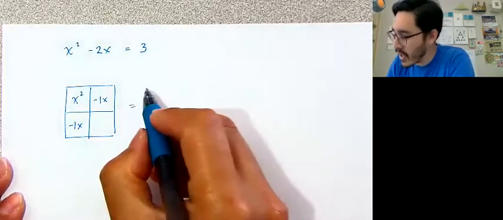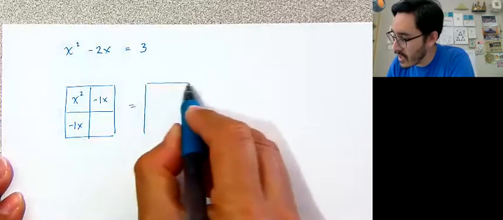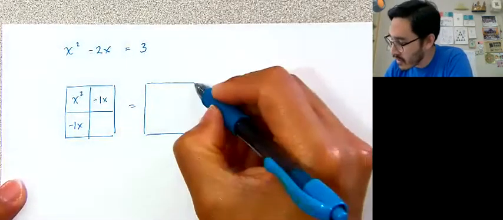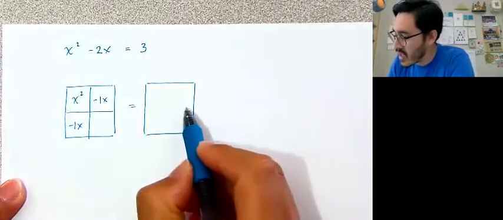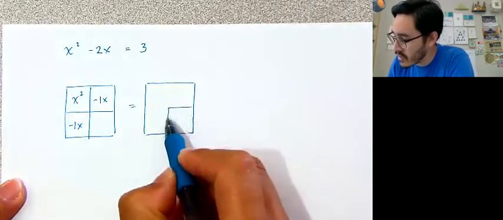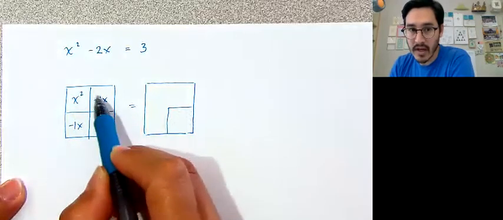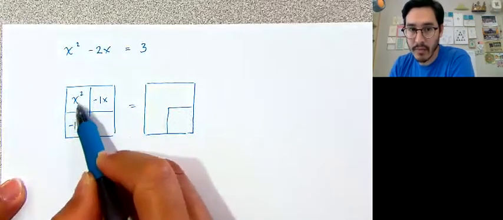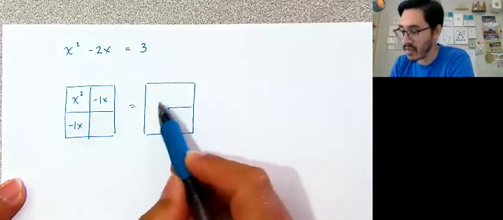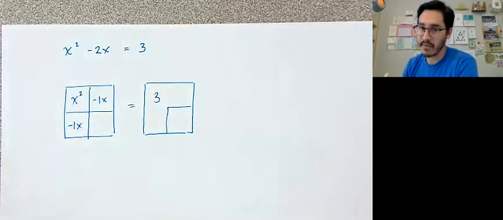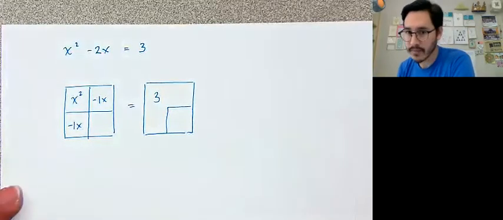Now the expression on the right is also going to get represented in a box of the same size, right? Equal means the same, and it has to take up the same space. So what these 3 terms take up in this area model, the 3 has to take up the same region, that L-shaped block.